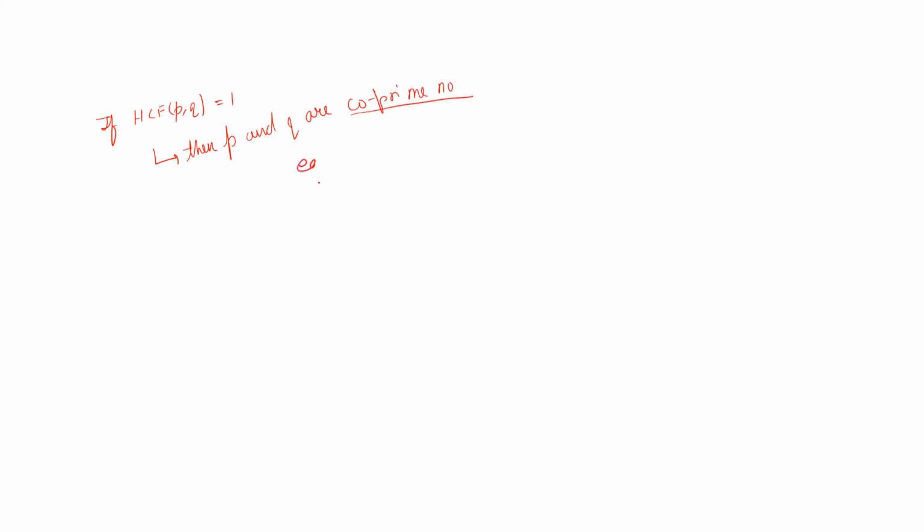If I give you an example, take 2 comma 5 and tell me what is its HCF. If HCF is 1, then 2 and 5 are co-prime numbers. If someone tells me, sir, what about 1 comma 4?